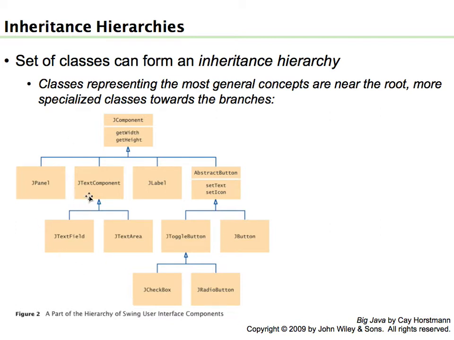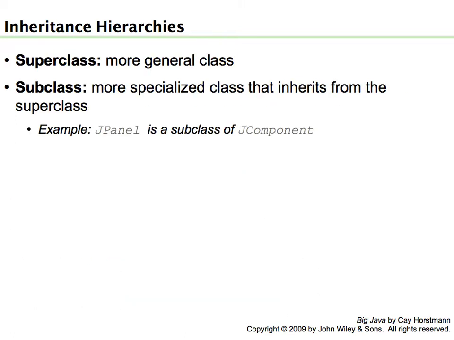And this is probably what you will be using most often. These different components. You'll be using the text field, the label, the button, checkbox, radio button, maybe a text area, and the JPanel is an invisible component that allows you to contain several other components in it as well.